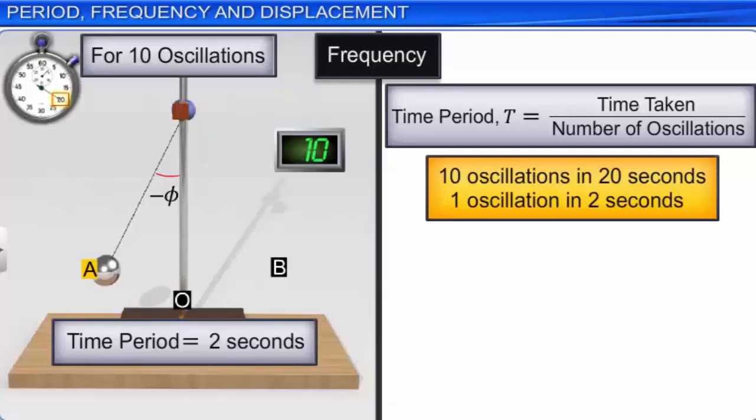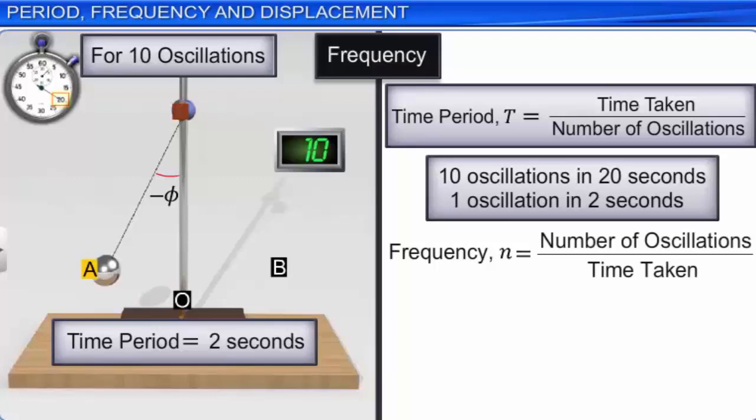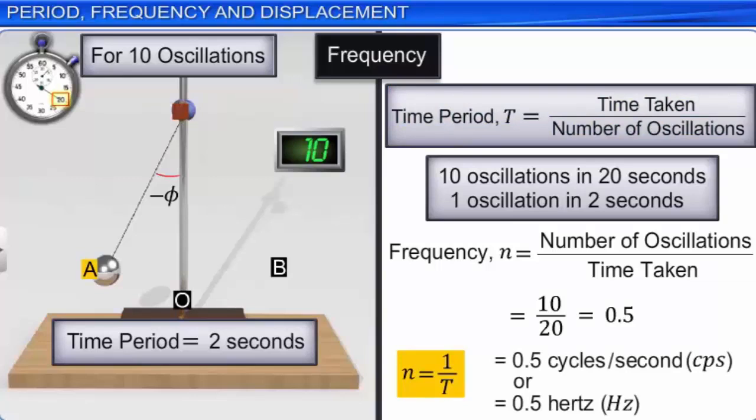Here, frequency n will be equal to the number of oscillations divided by the time taken, which on substitution gives the value 0.5. Therefore, frequency n is equal to the reciprocal of time period T. Frequency is measured in cycles per second, CPS, or Hertz, and is denoted by the letters Hz, named after the scientist Heinrich Rudolf Hertz.